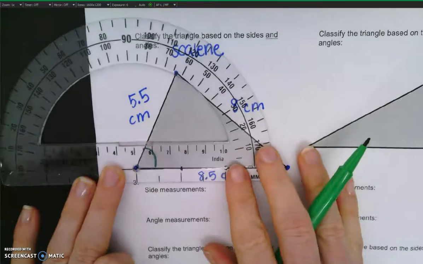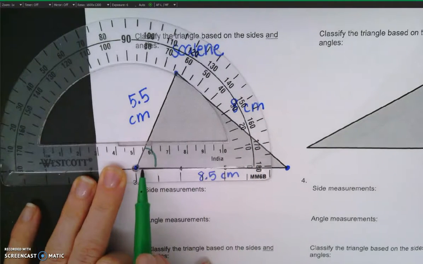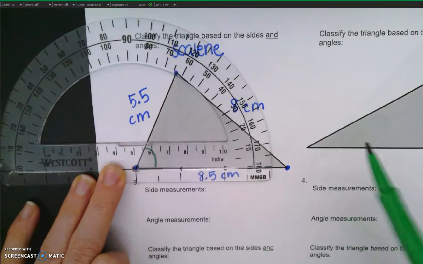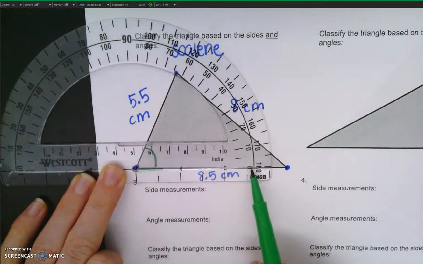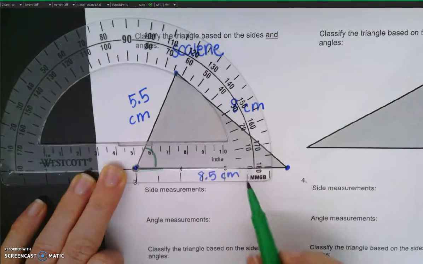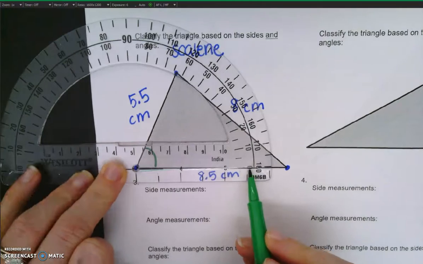I'm also going to make sure that the bottom of my angle where I'm measuring lines up with that line on my protractor with the 0. Notice this is 0 and I'm measuring up this way. So that means I'm going to use my inside numbers for my protractor because that's where 0 starts.